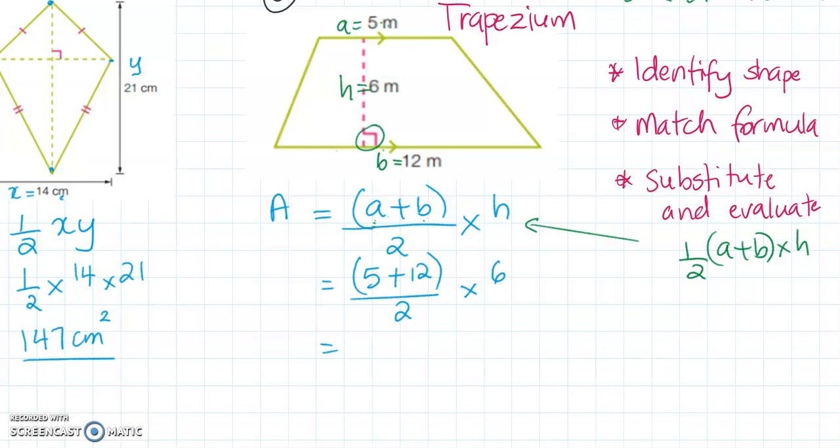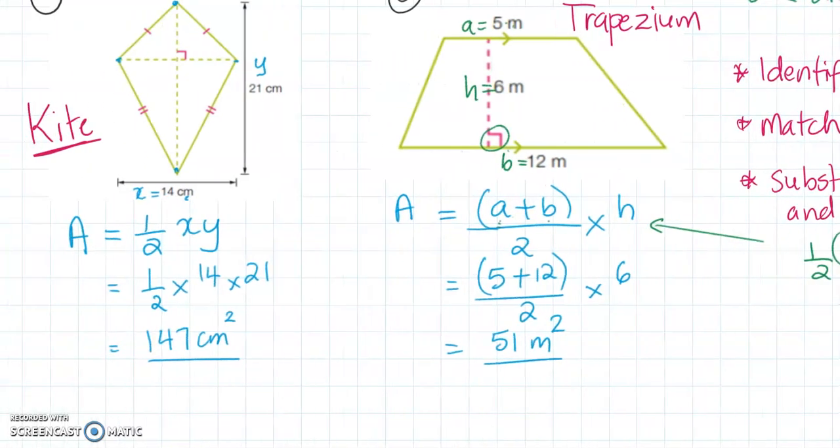Remember to do the brackets first: 5 plus 12 first, then divide by 2 and multiply by 6. If you do all of that, you get 51. Units is meters, area unit is square meters. So you get 51 square meters.